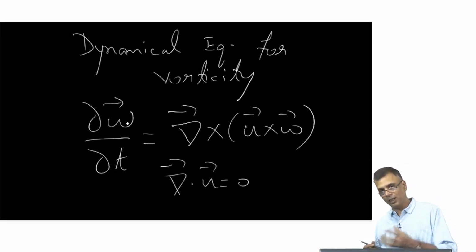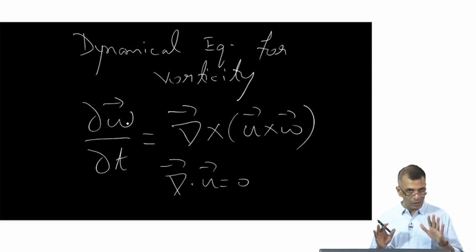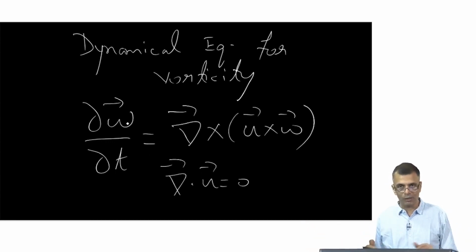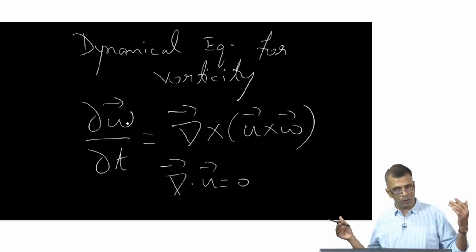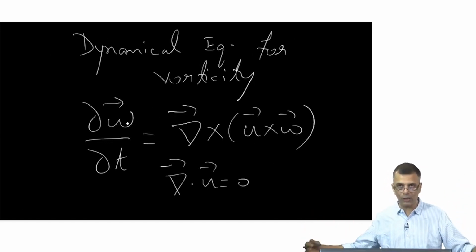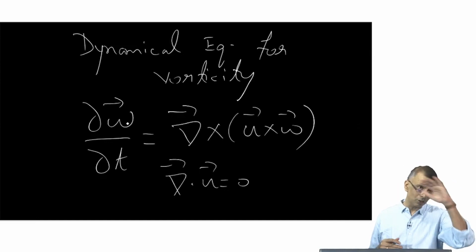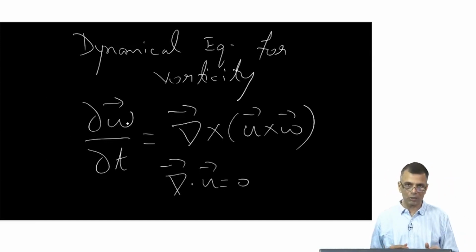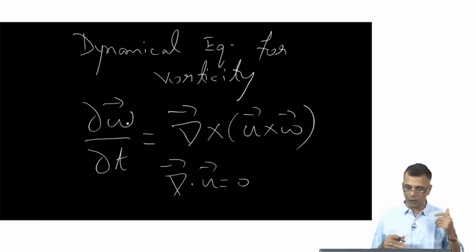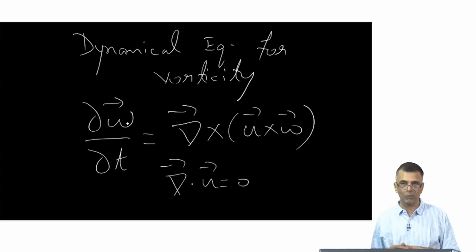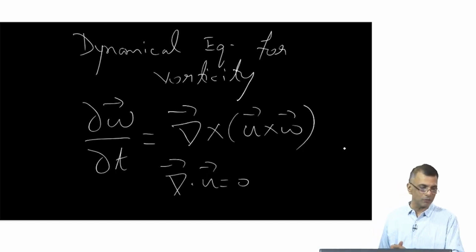Specifying both the divergence and the curl of a vector field completely specifies it for well-behaved fields which die off nicely at infinity, or if you're not willing to consider boundary conditions at infinity, you have to specify both these equations on the boundary, subject to those caveats. It's a well-known fact that specifying the curl and divergence of a well-behaved vector field specifies it completely. So it's in that sense that we say that the entire velocity dynamics is completely specified by the dynamical equation for vorticity.